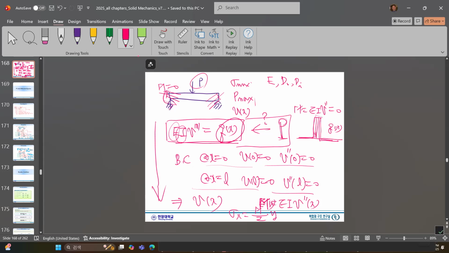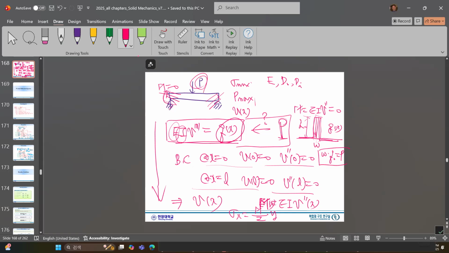Rather than just one point, we consider a little bit of a finite width, but the point is that this is B and this is Q0. So this width times Q0 will be a P, right?